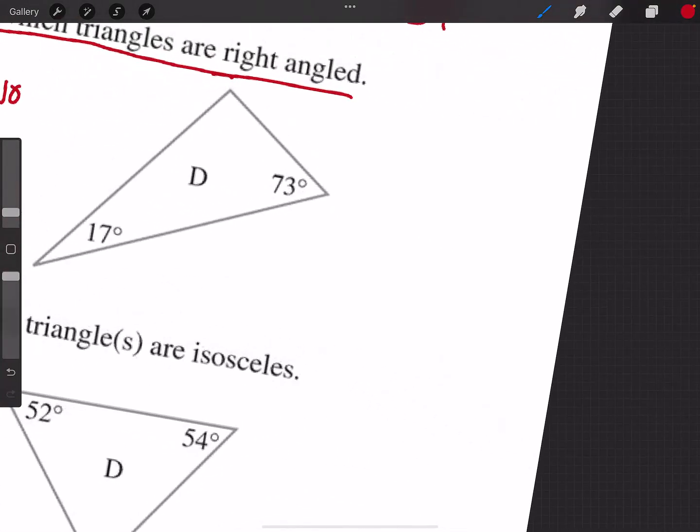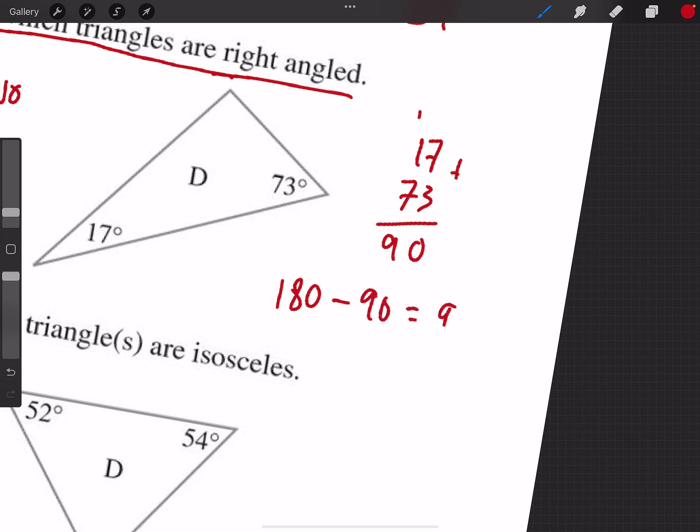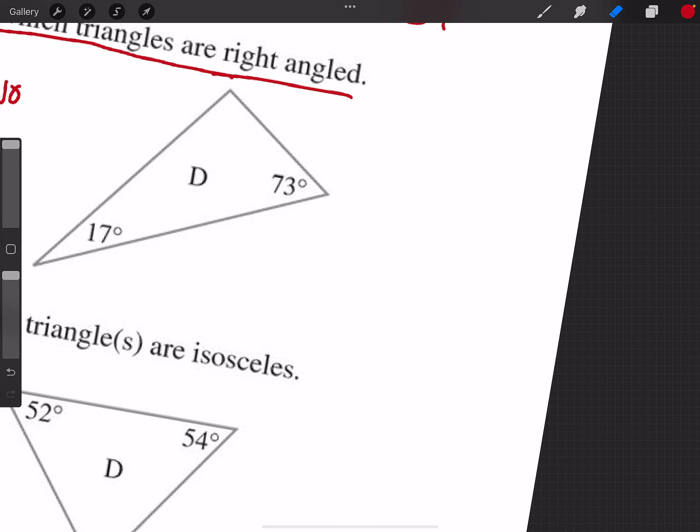This one is 17 plus 73, this will be a 0, this will be a 9. Alright, so 180 take away 90 degrees is equal to 90 degrees. Or you can think of it this way if you don't understand what I'm doing. I'll say this angle is x.